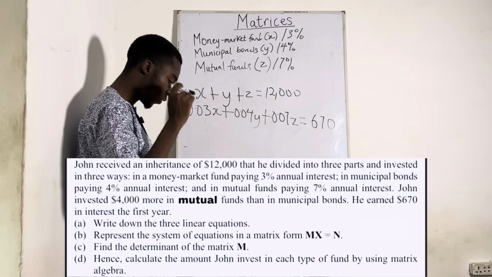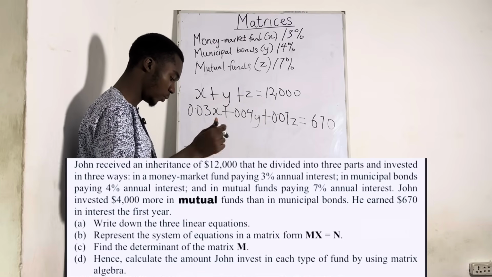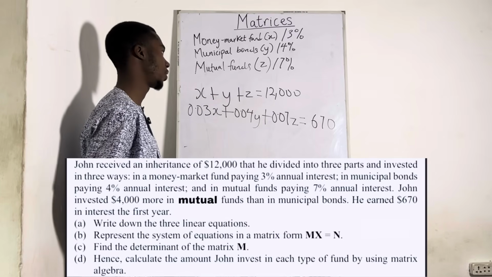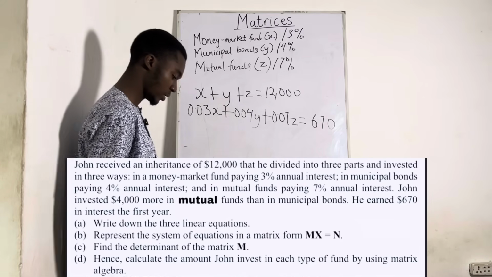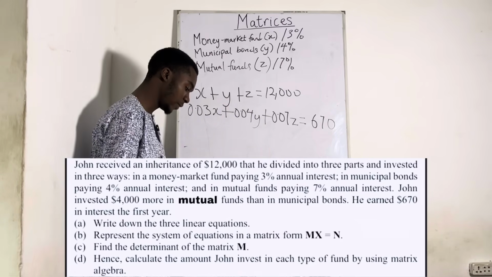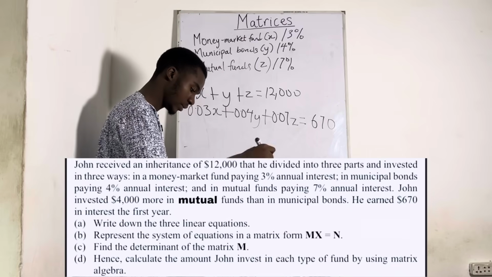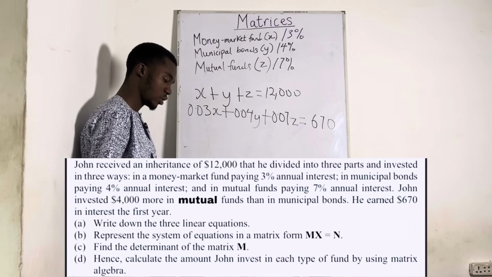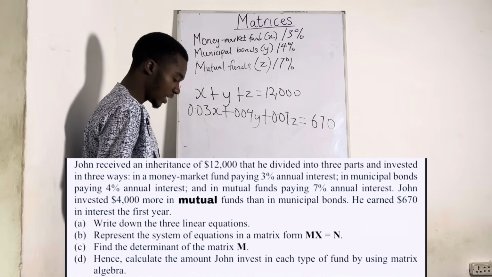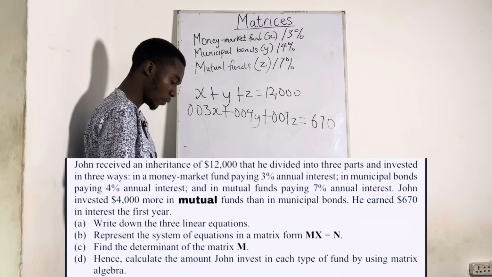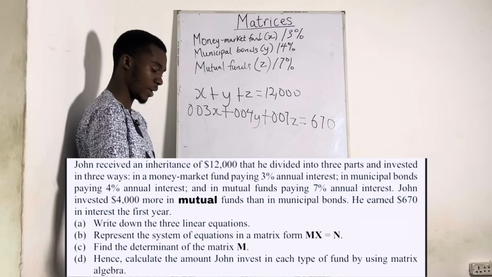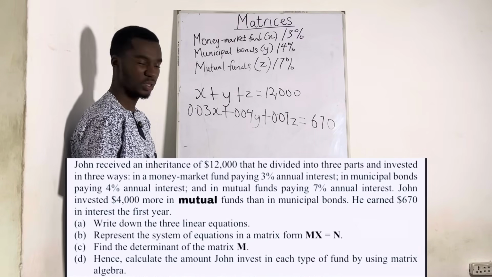John invested $4,000 more in mutual funds than in municipal bonds. All right. So you've not written anything on that. So I take that part again. John invested $4,000 more in mutual funds than in municipal bonds. So it's just that what he invested in mutual funds is equal to 4,000 more than what is in the municipal bonds. You get it?